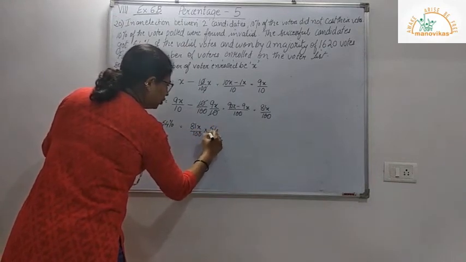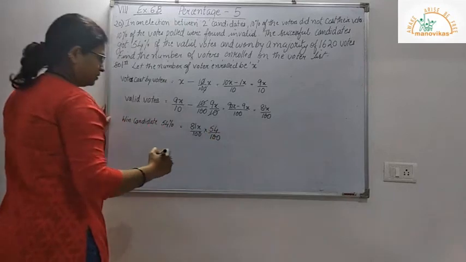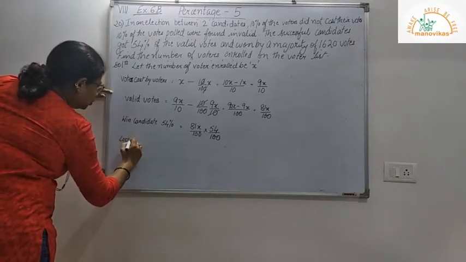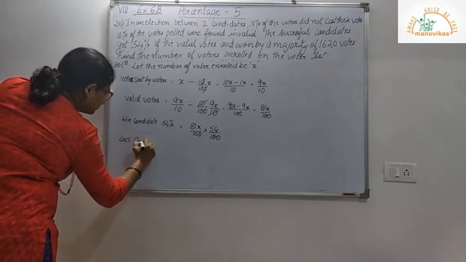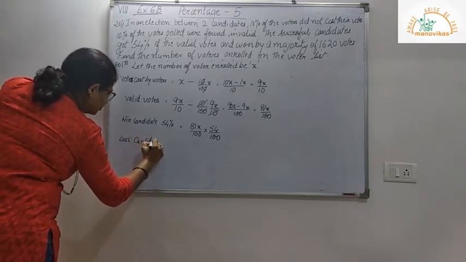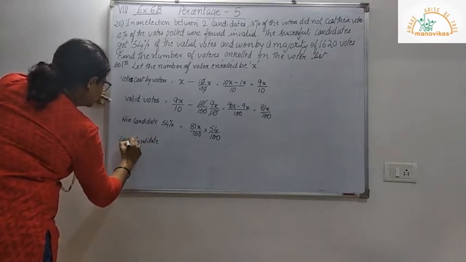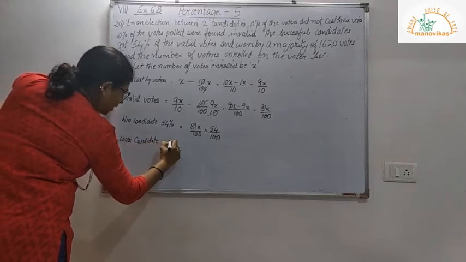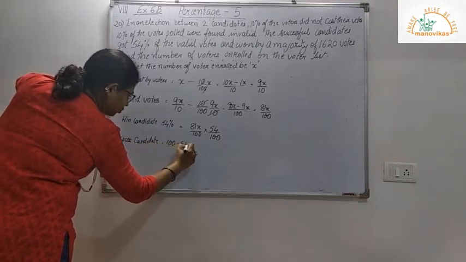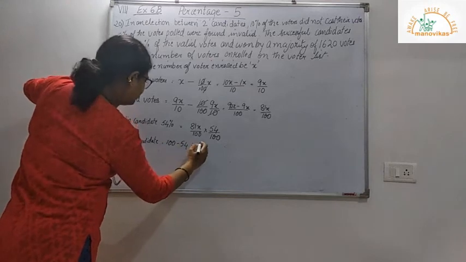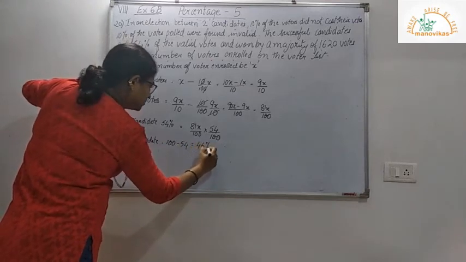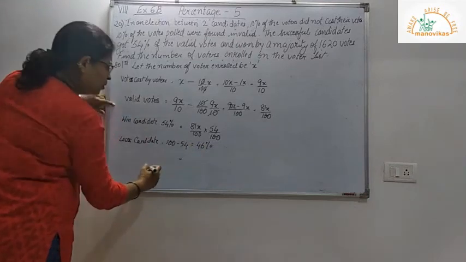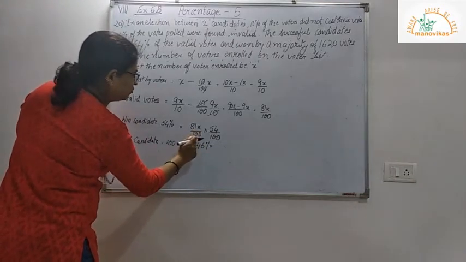Now the losing candidate will get 100 minus 54, which is equal to 46% of the valid votes.